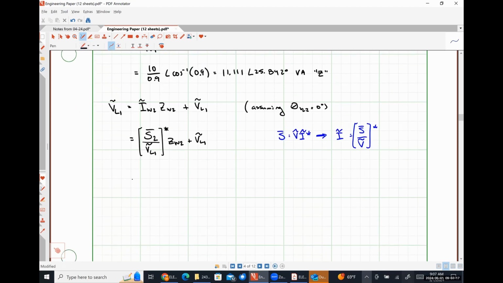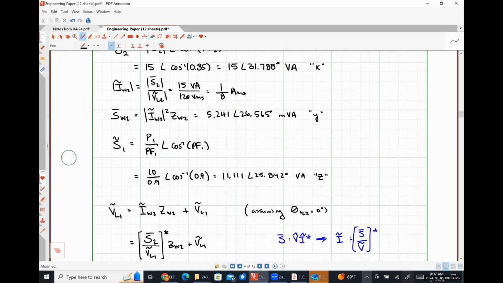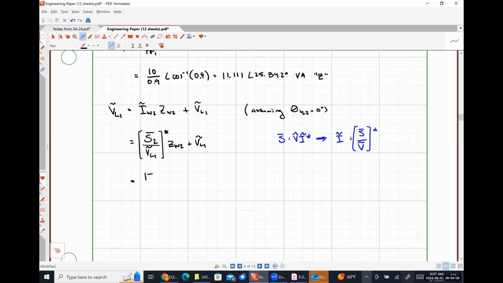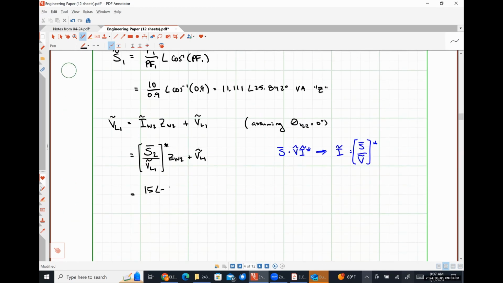So putting numbers in, we would have 15 angle negative 31.788 degrees volt amperes. The negative sign there is because when you conjugate a polar form complex number, you change the sign on the angle. VL2 is simply 120 angle 0, so the conjugate of VL2 is also 120 angle 0.